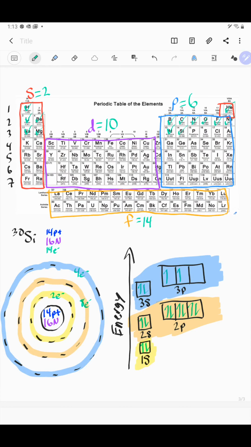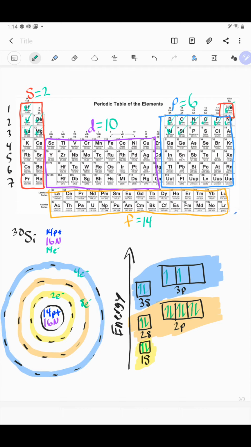So an orbital diagram, again, is a way to represent an atom based on the number of electrons it has, and it works because every uncharged atom has a predictable number of electrons. To clarify, silicon, for example, has 14 protons, and when it's uncharged, it has to have 14 electrons for those charges to cancel out.